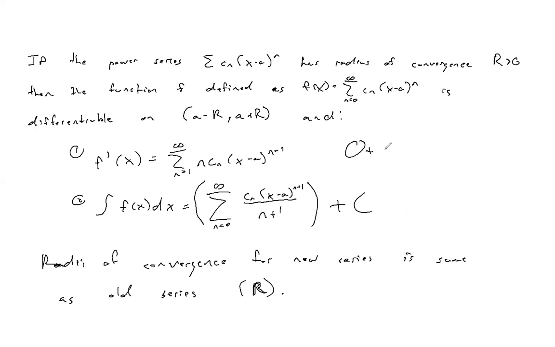And then I'd have C1 times x minus a to the power 0, and so on. So this would be the series started at 0. But since that first term is 0, it doesn't affect the series at all, so I could just say it's the same thing as starting at 1. If you prefer to keep it started at 0, if you prefer to write it like this, that's fine. You can do it either way.